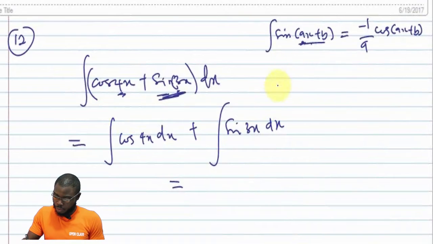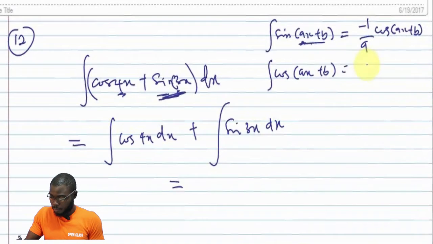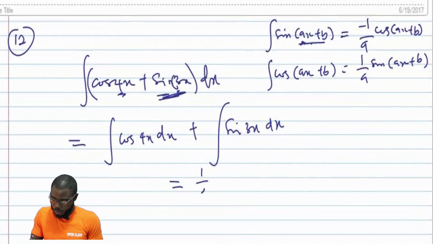Keep that at the back of your mind. Again, the integral of cos ax plus b equals 1 over a sine ax plus b. So if you integrate cos 4x, you get 1 over 4 sine 4x, and you can put the arbitrary constant.